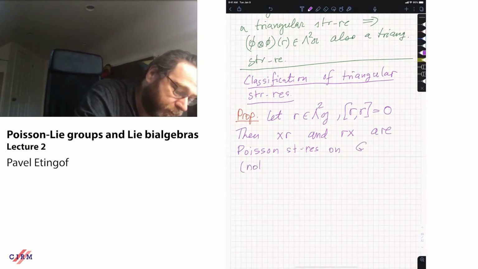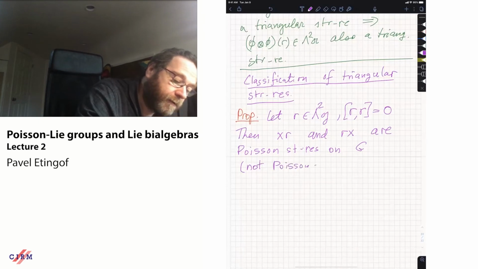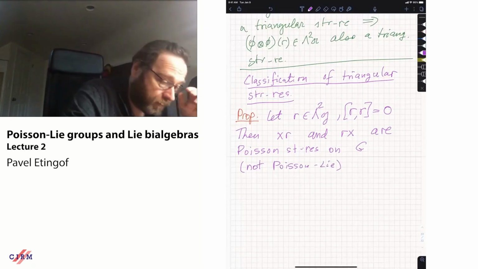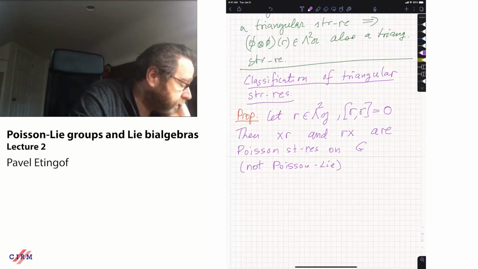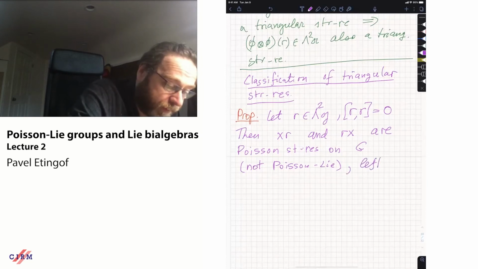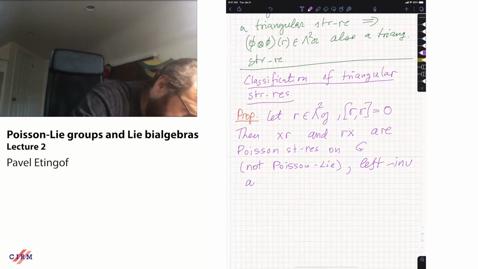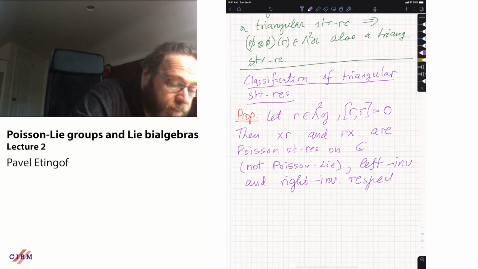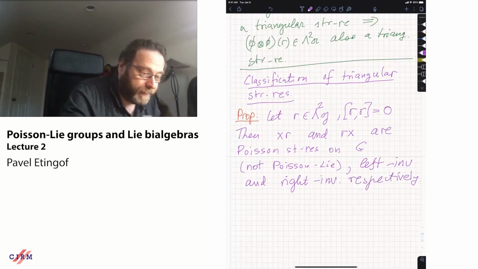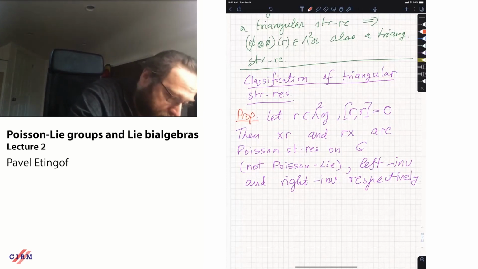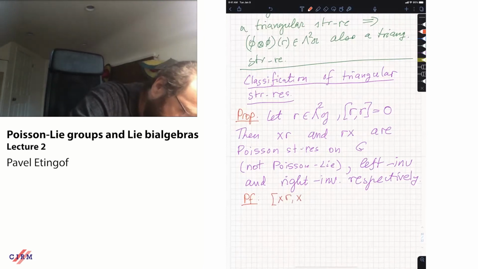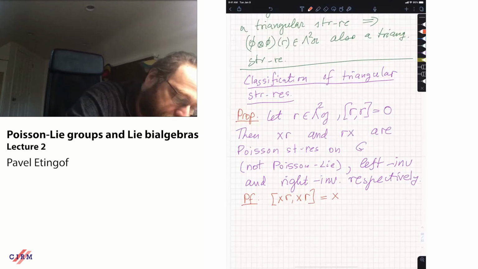Well, not Poisson-Lie structures. So they define left invariant and right invariant structures respectively. And the proof is that we already proved it, because if you take XR bracket with XR, then this is the same as XRR, which is 0.